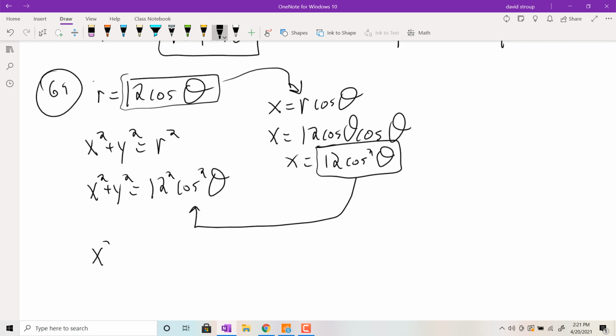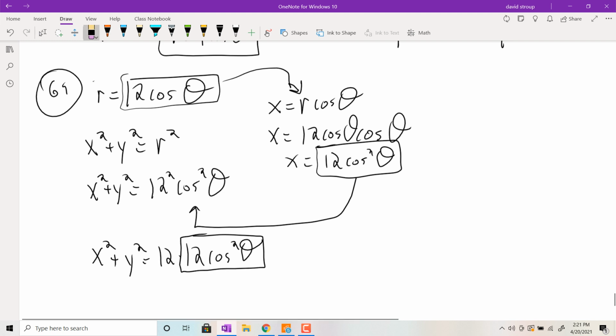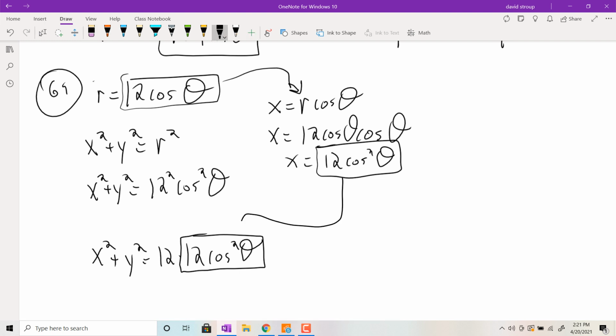If you were to factor it out a little bit, you'll have 12 times 12 cosine squared theta. In other words, it's sitting right here. That's x. And you could, of course, replace that, and that's the goal. Whenever you're going from polar to rectangular, you're replacing the r's and the thetas with x's and y's. So you'll have 12x.